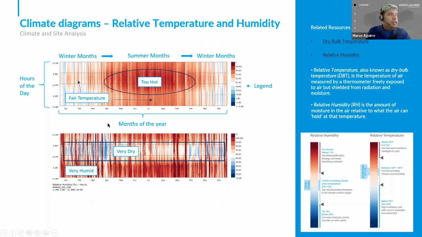Based on the legend, it's going to identify areas that are going to be too hot, too cool, if you're looking at the temperature chart, versus too humid or too dry with the relative humidity chart. In some locations, especially if you're familiar, if you live there or you typically design there and you visited a couple of times, it could be pretty obvious what certain climate conditions mean.